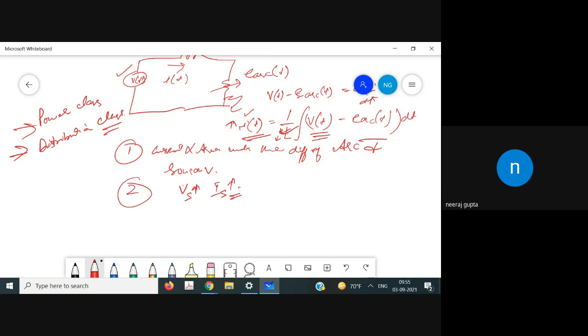So this is about this type of fuses and the fuse interruption characteristics, and some of the findings related to that. There are also some terminologies related to that.